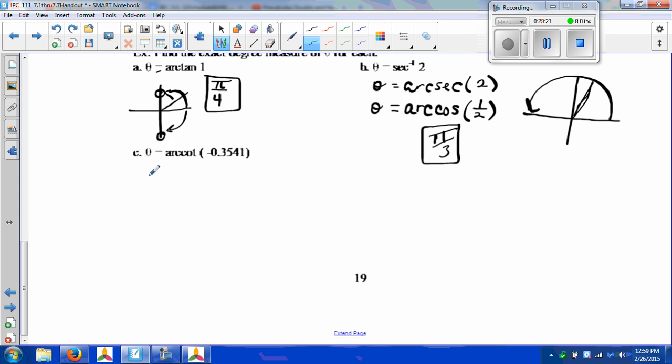Okay, so now we want the arc cotangent of this. Well, that is the arc tangent of 1 over negative 0.3541. Well, the arc tangent of that, I'm going to have to do in my calculator because that is not anything nice on the unit circle.